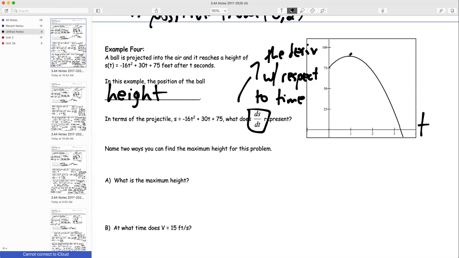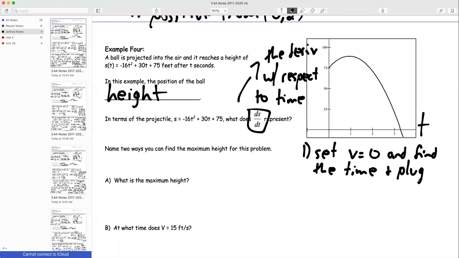There's a horizontal tangent there. So if I wanted to find the maximum height, I could set v equal to 0, find the time, and plug in the time into my position equation S of t.